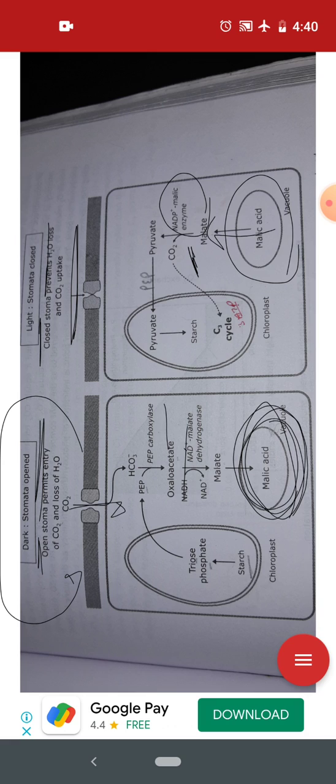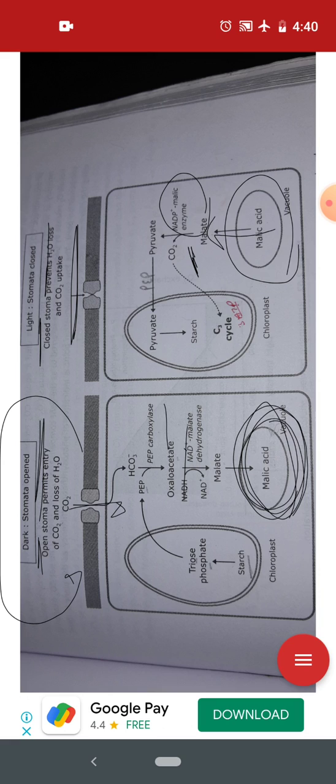The first stable product formed in C3 plants is 3-PGA, which is a 3-carbon product. In C4 plants, the first stable product is oxaloacetate, a 4-carbon compound, and in CAM plants, the first stable product is also oxaloacetate, a 4-carbon compound.